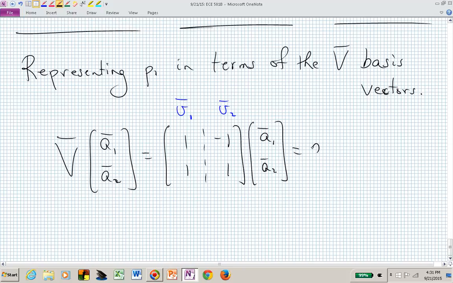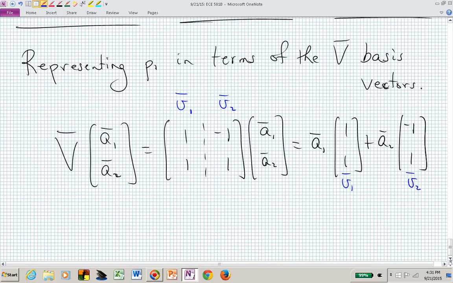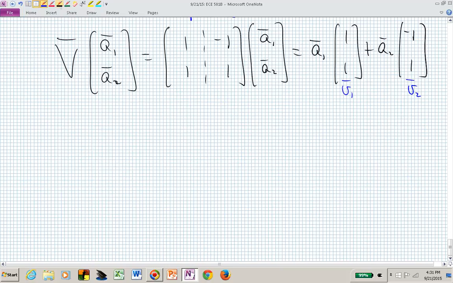This is A1 bar times V1 bar plus A sub 2 bar times V sub 2 bar. And now how do we weight those two vectors to get to the location in the xy plane 1, 1, which is P1?